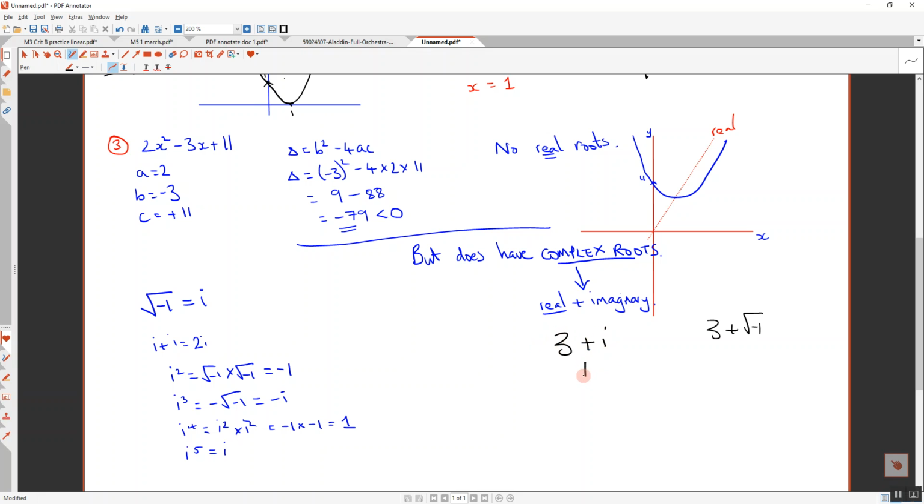You can also write these numbers in terms of sine and cos, which is called trigonometric form. It's just another way to write these numbers. You can also write them in exponential form, where you would have e's involved.